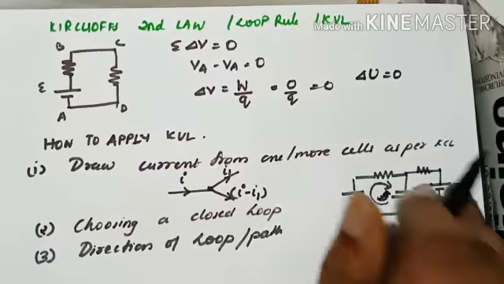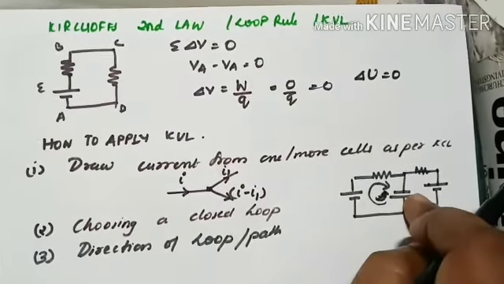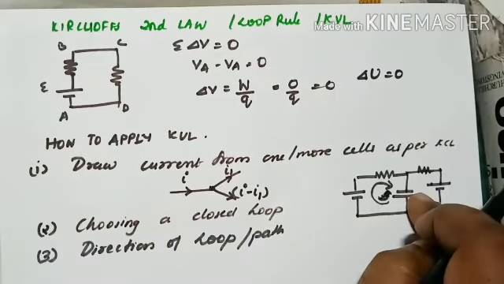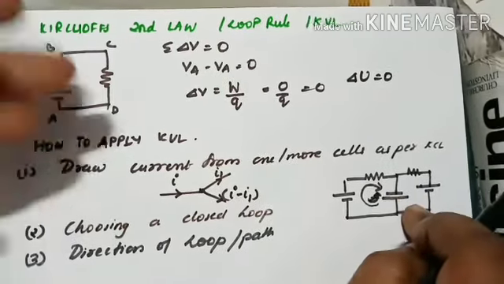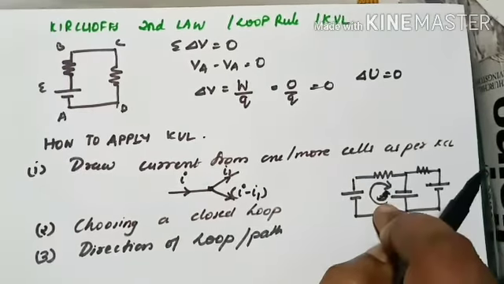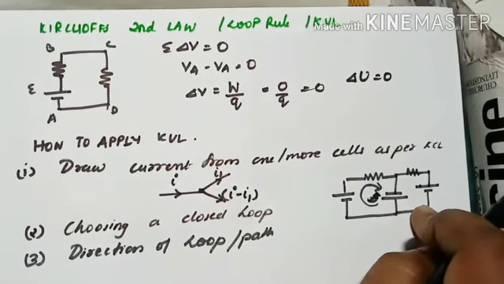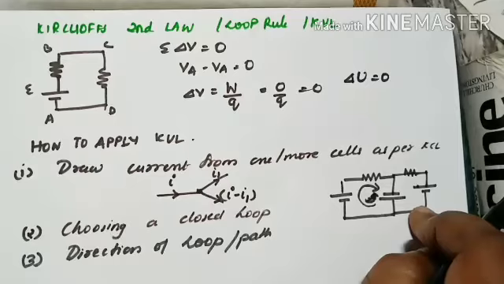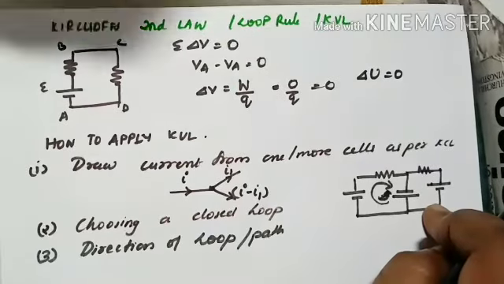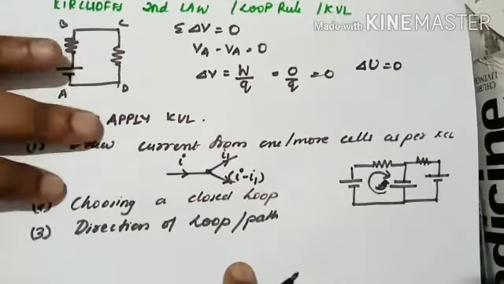You can move in any way. Both loops can have the same clockwise direction, or in one you can move clockwise and in the other anti-clockwise, whatsoever, it's okay. But for the path you are selecting, there are some more rules which have to be registered in your mind. That's it. Clear?